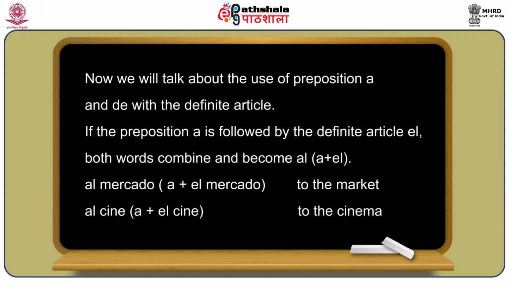If the preposition a is followed by the definite article el, both words combine and become al. For example, as you can see, al mercado. This al comes from a plus el, because mercado is masculine and it is el mercado, which means the market. So to the market, when this a comes with el, it becomes al.